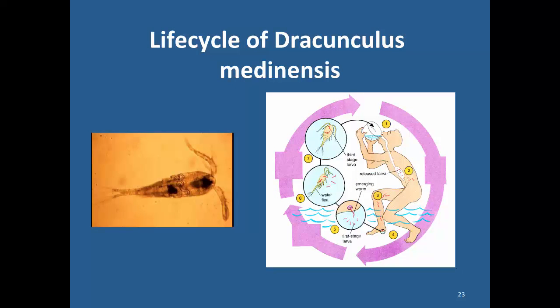It's very interesting the way this eradication program has developed over time. The life cycle is, you see the little parasite on the left, and you would drink contaminated water. Over time, the larvae are released, and they slowly grow into adult worms as they travel down your leg. This can take about a year as it migrates through your body.